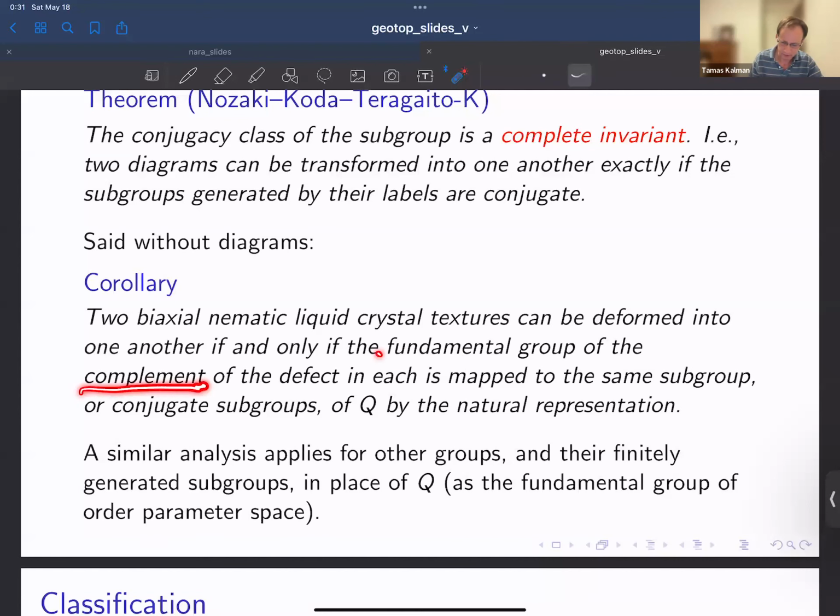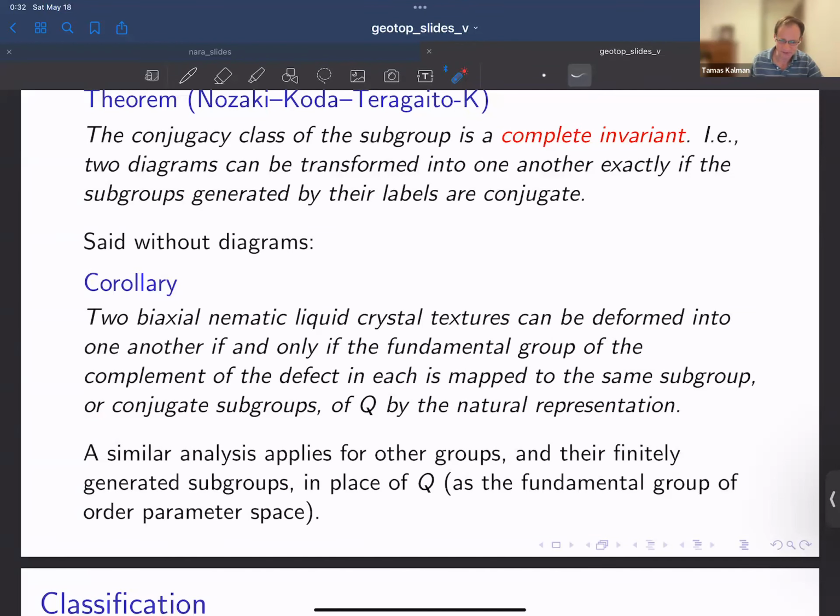That complement has a fundamental group, and each element of that fundamental group is mapped to some element of Q, or whatever this group is. The image of that is a subgroup, and that subgroup has to stay the same or become conjugate.